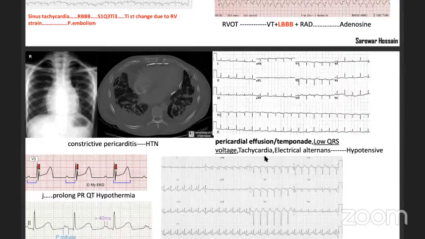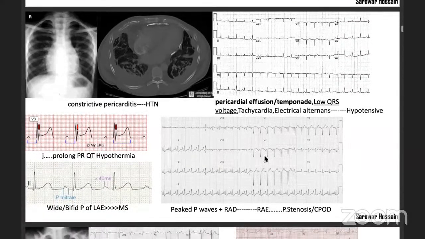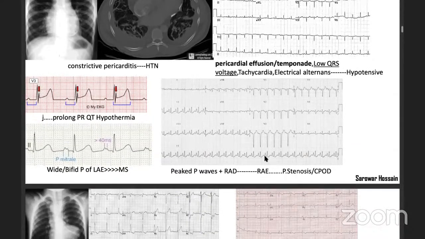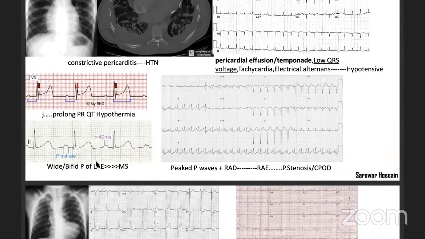Okay. Next question. J point elevation. We discussed already where all J point elevation is seen. Hypothermia and one more thing. Sometimes we write the epsilon sign; how can we differentiate the epsilon sign and this?